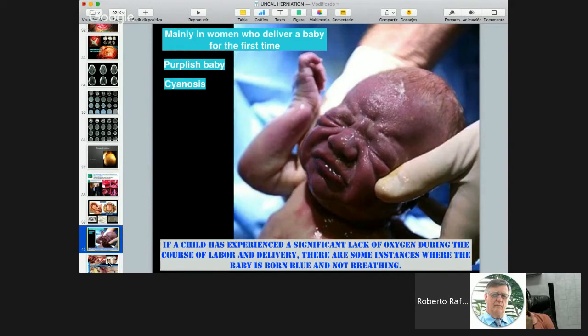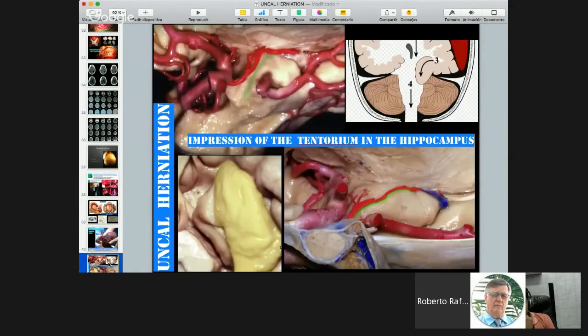If you have a narrow delivery canal and bad oxygenation of the baby, we can see uncal herniation and compression of the uncus of the hippocampus against the free edge of the tentorium.